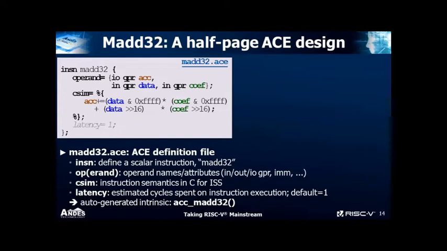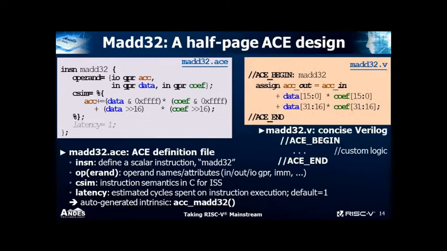Csim is the C semantic that will be used by the instruction set simulator. And latency is the estimated cycles that this ACE instruction will take in execution. With this ACE file, ACE can generate the associated intrinsic function, and in this example, ACE_MADD32 is the intrinsic function that got generated.